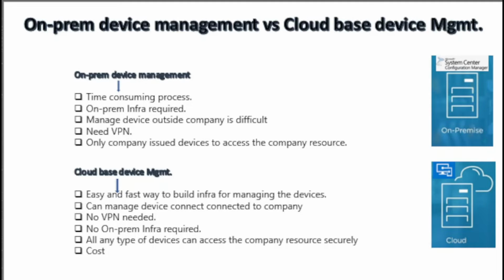So company no need to implement any VPN solution if they want to manage the device over internet. No on-prem infrastructure required, and user can use their own devices to access the company resources. And by implementing cloud-based device management tool, company can save a lot of money, because they no need to build and manage the on-premises infrastructure.